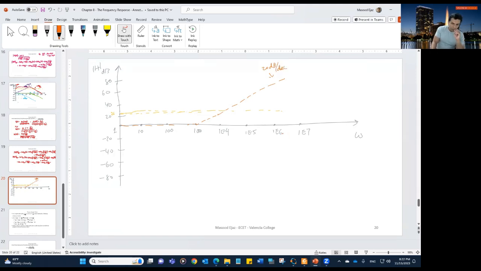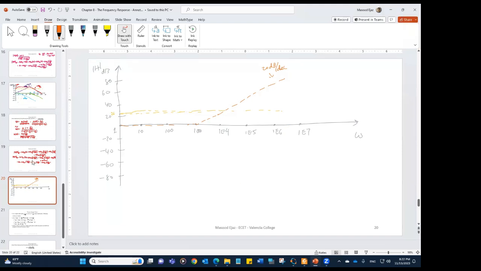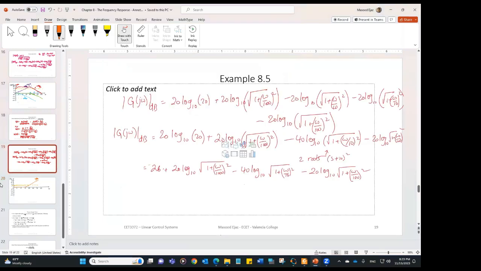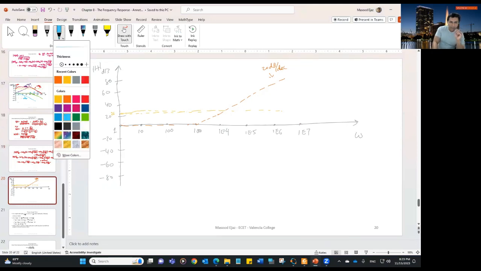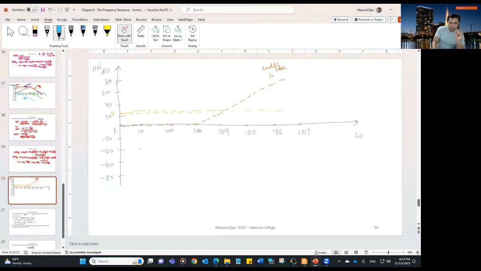And then I have poles. One goes to 10 and the other goes to 100. The one at 10 is negative 40 dB per decade, so I'm going to take my 10, and then it's going to drop 40 decibels.